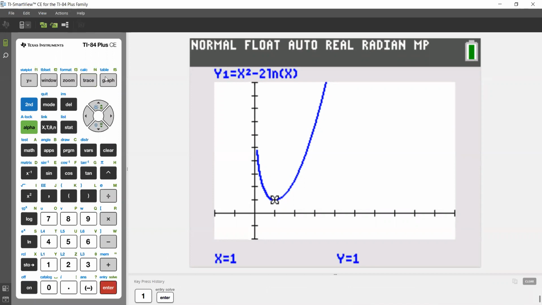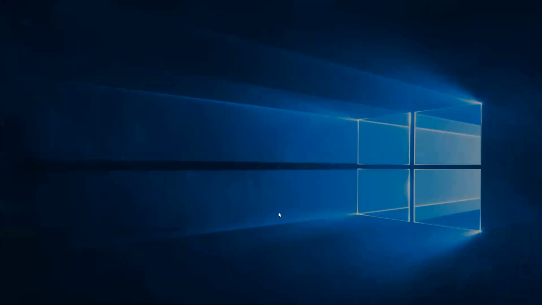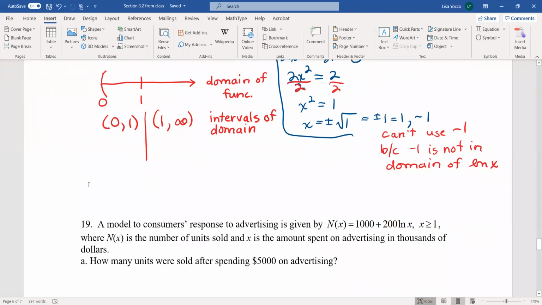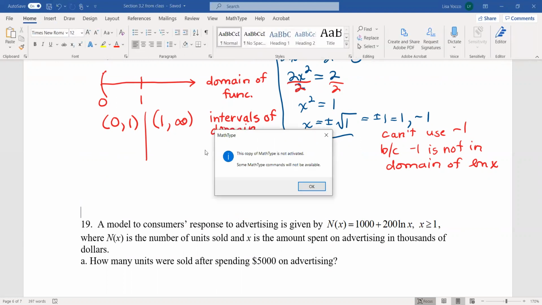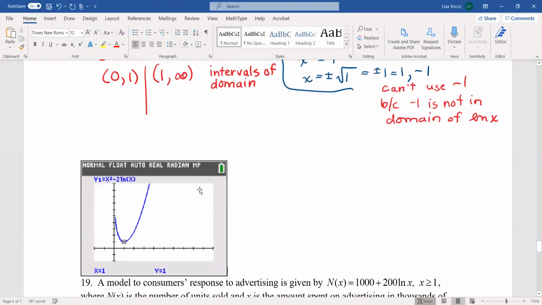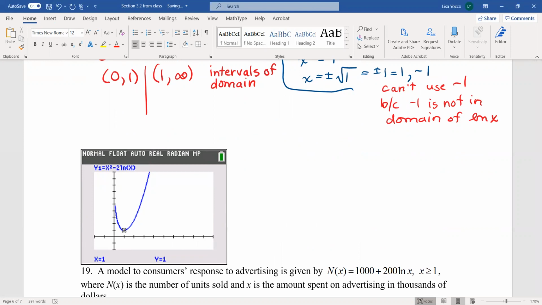Okay, I'm going back to my document to pop that graph in here. So that's fine. That's what I wanted you to see.